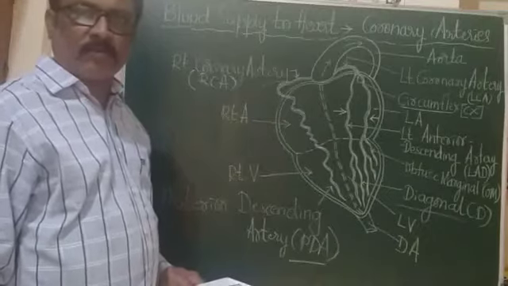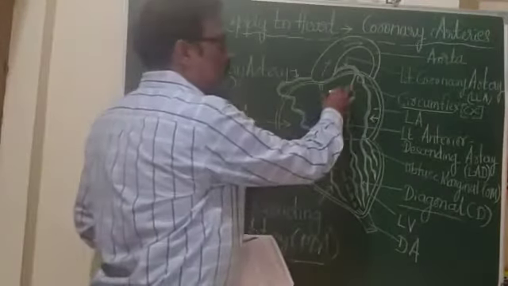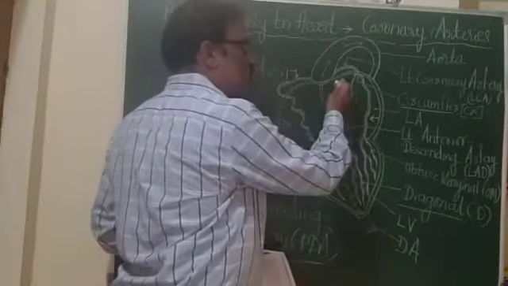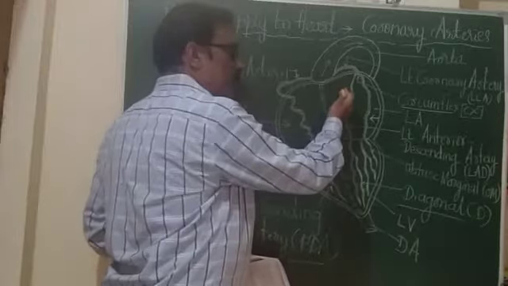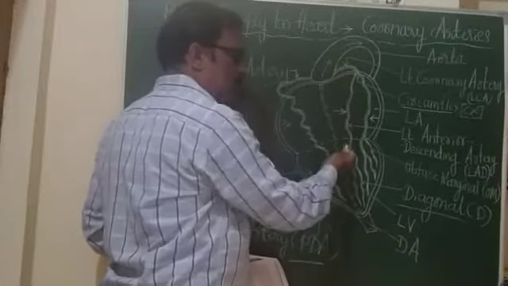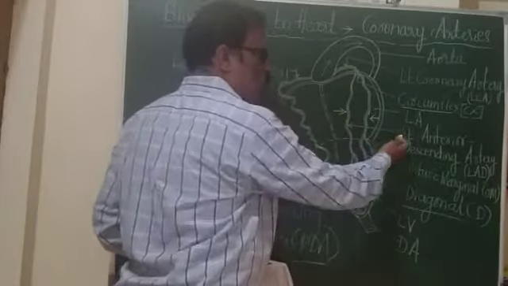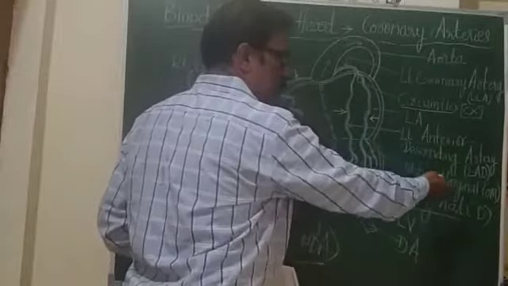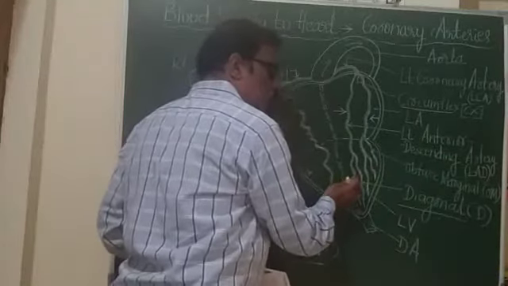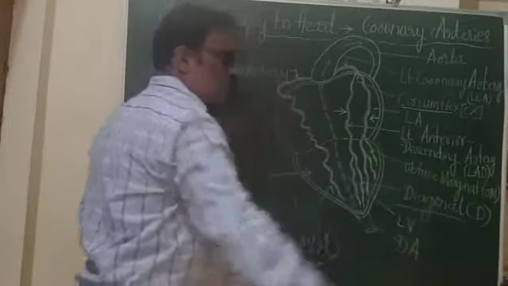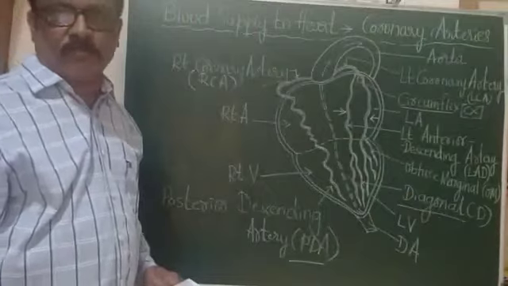The first one is the branch which is just in front of the left part of the heart, and that branch is called the left anterior descending artery. It gives rise to one or two branches called diagonals.